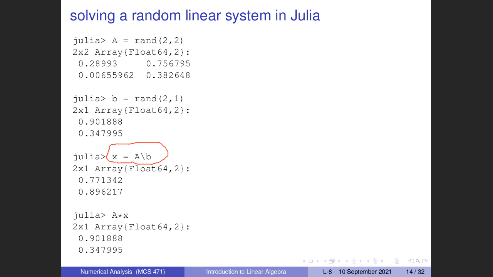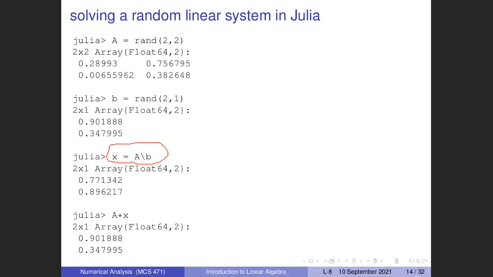In a way, this is kind of an odd slide, but a very practical slide. If you ever have to solve linear systems, please use the backslash operator. So the backslash operator is a shorthand notation for a linear system solver.